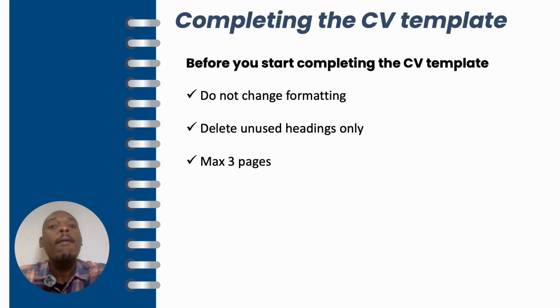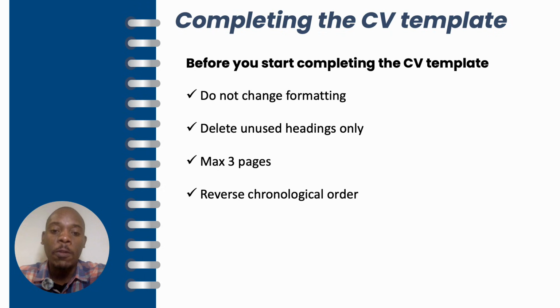So ensure that all the critical information that needs to be provided in your curriculum vitae meets the requirement and is provided within the 3-page document for the CV. The other thing that you need to ensure is that all the information in all the sections is provided in reverse chronological order.